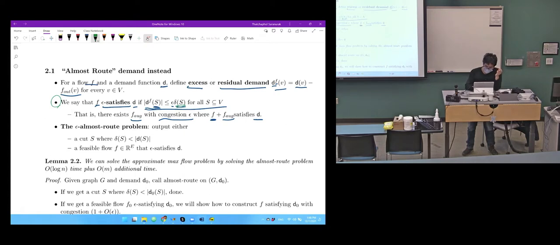After routing F, there is some residual demand, and this residual demand is small in this sense. That is, for every set S, the total residual demand is small compared to the cut size.